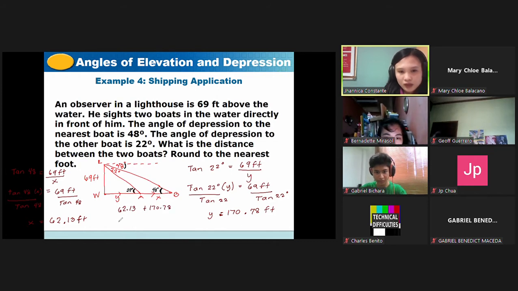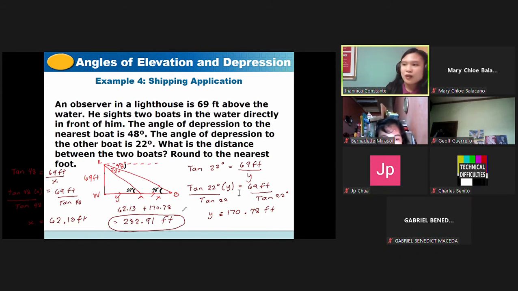So the total distance from the lighthouse to the boat is equal to 232.91 feet. So that is the distance from the lighthouse of the two boats that the observer saw in the lighthouse.